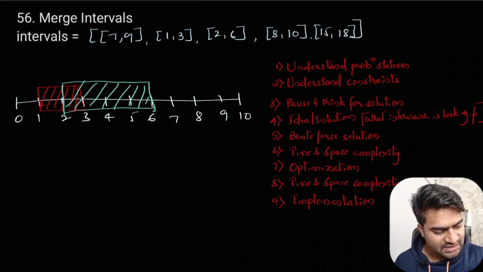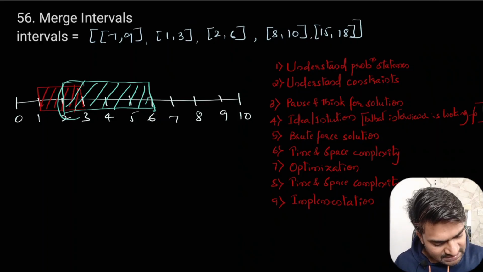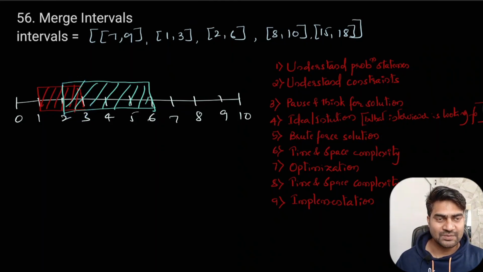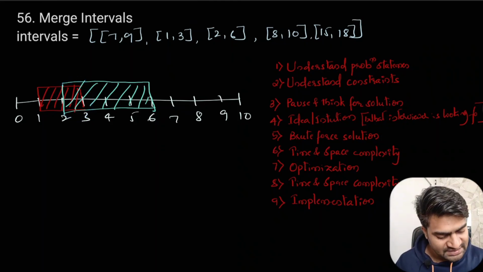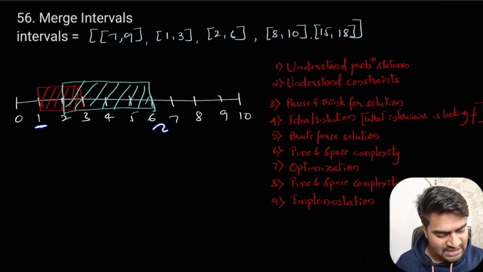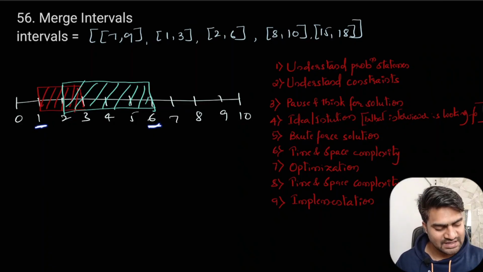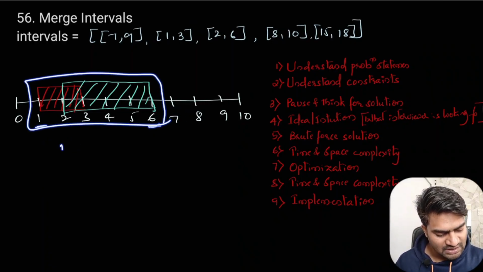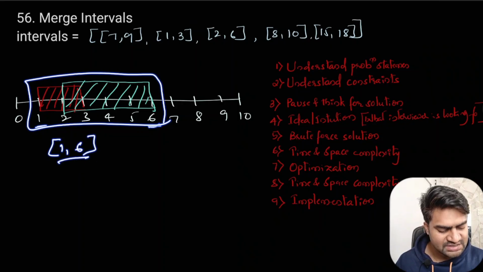Now if you see this, partly it is getting overlapped. So we can say 1 3 and 2 6 are overlapping ones. If they are overlapping, then we say it starts from 1 and ends at 6. So we will say 1 comma 6 is the merged interval.